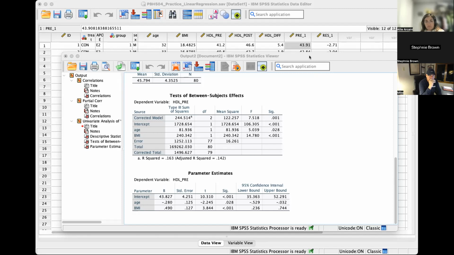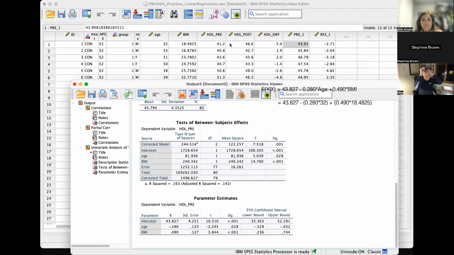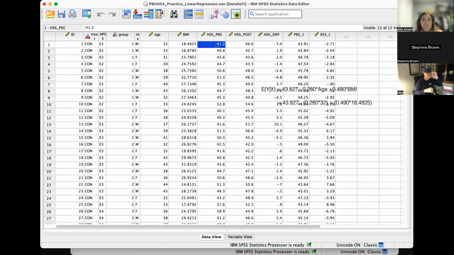And you could do that for anybody in the data set. So rather than picking values at random, let's say you find somebody who represents an interesting case, somebody who's 40 but has a BMI that's really high, you don't have to compute what it would be. You have a column of predicted values there. And then, of course, the residual is just their observed value minus the predicted.